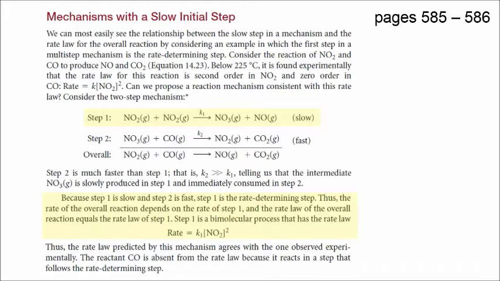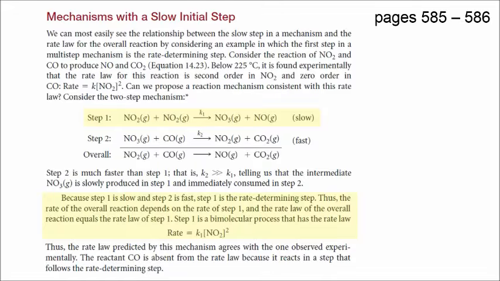On pages 585 and 586, they show you an example where the first step in the mechanism is slow and the second step is fast. Now we have 2 molecules of NO2 reacting in that slow step. Because step 1 is slow and step 2 is fast, step 1 is the rate determining step, and because 2 molecules of NO2 are involved, it's bimolecular and would be second order. Had you only focused on the overall reaction, there's only 1 molecule of NO2 in the balanced equation overall.